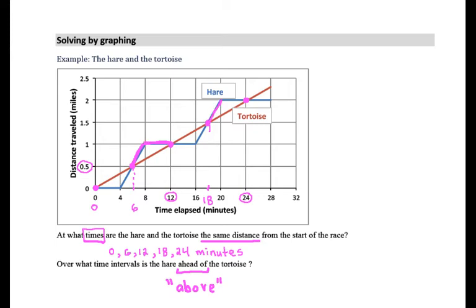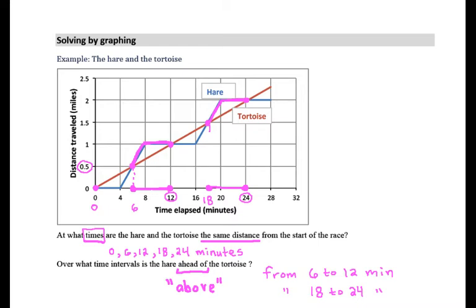And this interval here, and again, because we're only asking about times, we really need to project those down to the time axis. So I'm going to mark this interval here from 6 to 12 minutes, and this interval here also from 18 to 24 minutes. So we'll say from 6 to 12 minutes and from 18 to 24 minutes.